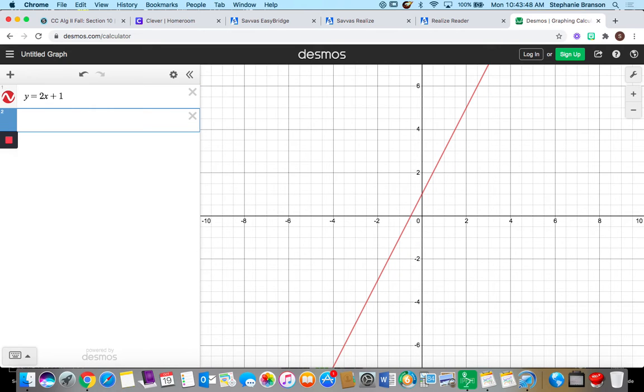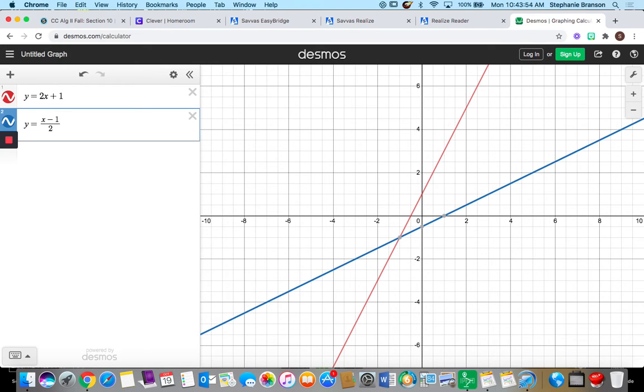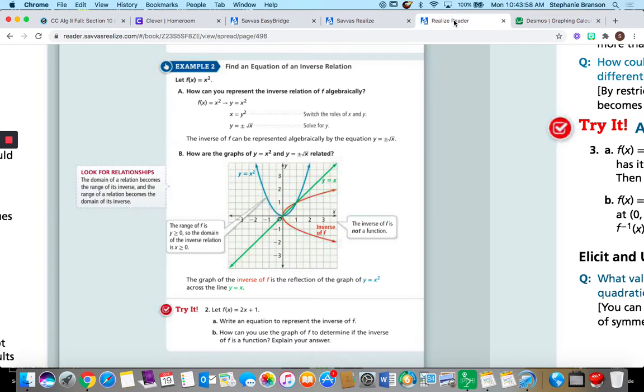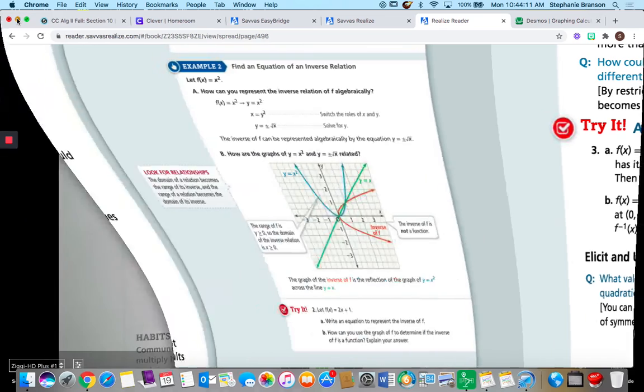And we say that the graph of y is equal to x minus 1 over 2 is the inverse. Alright, it says the graph of the inverse of f is a reflection of the graph y is equal to x squared across the line y is equal to x.